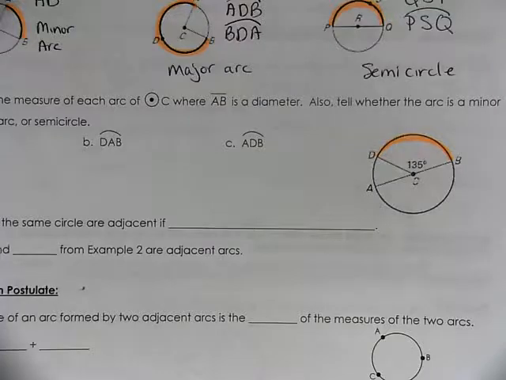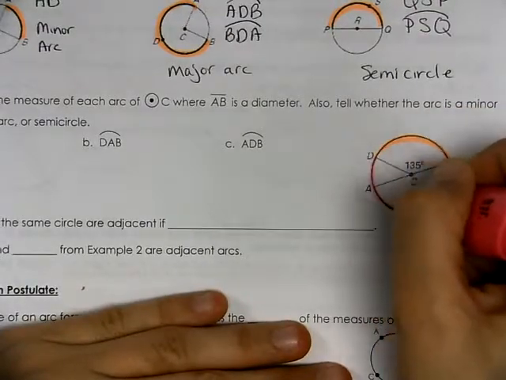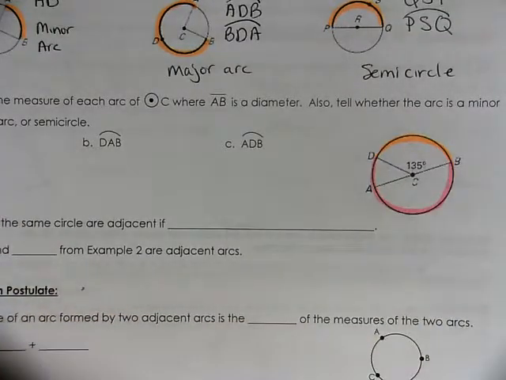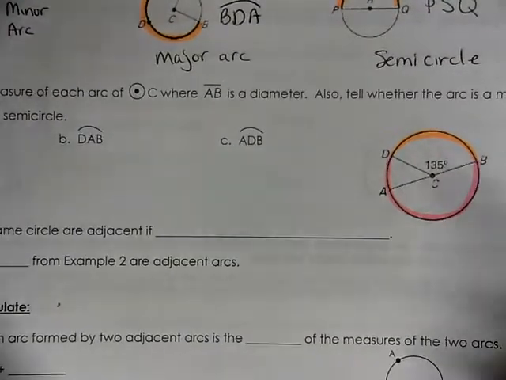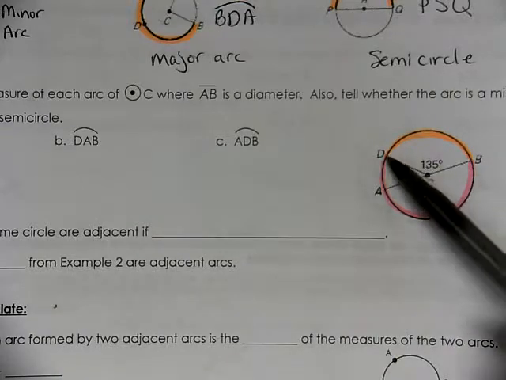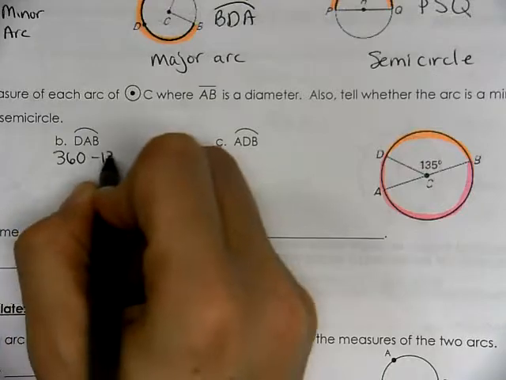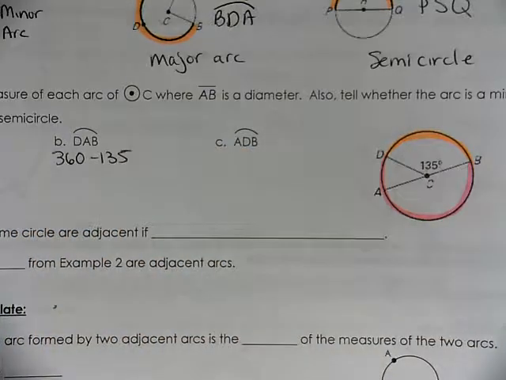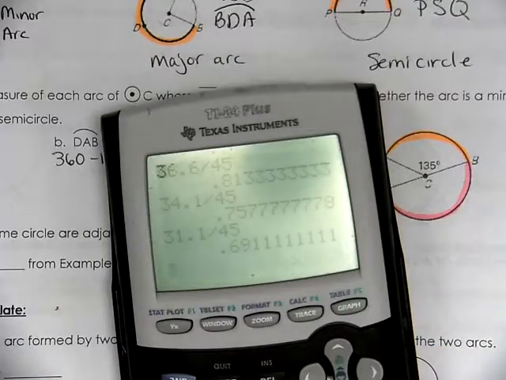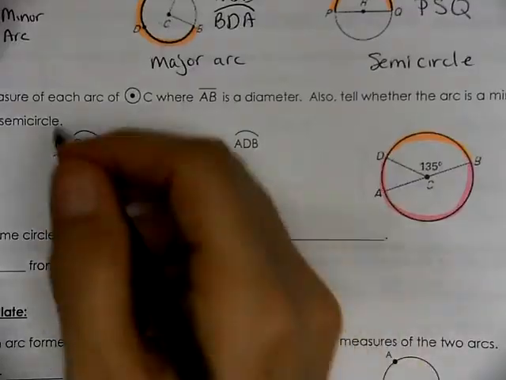D to A to B, there are actually different ways to find it. You could do, if it's the pink, 360 minus 135, which gives me 225.